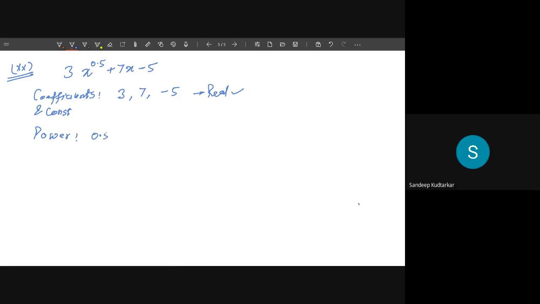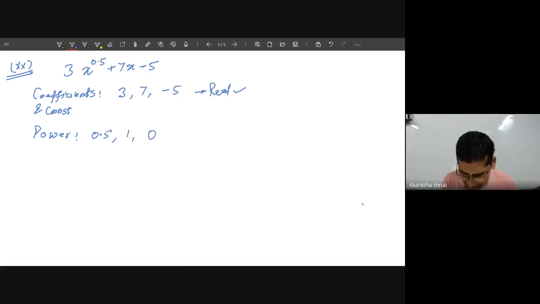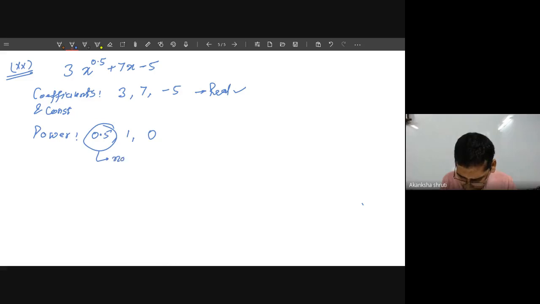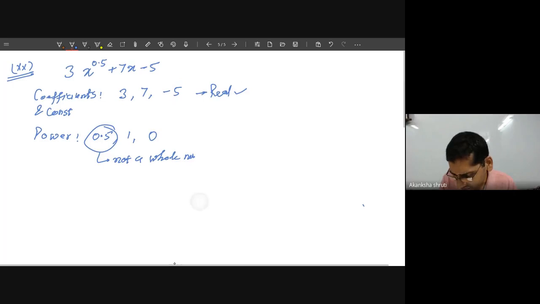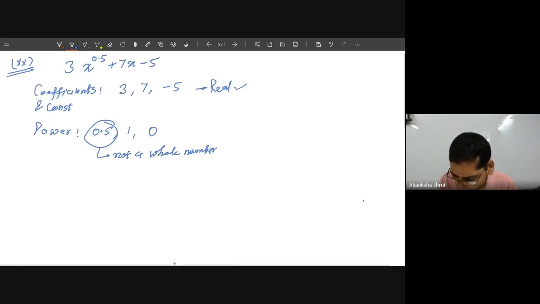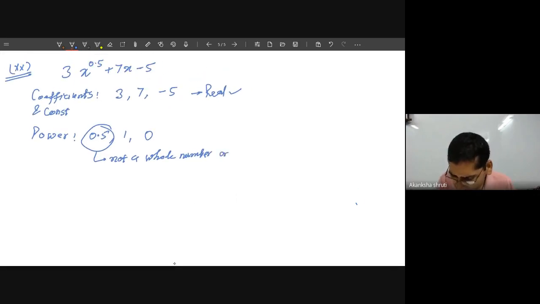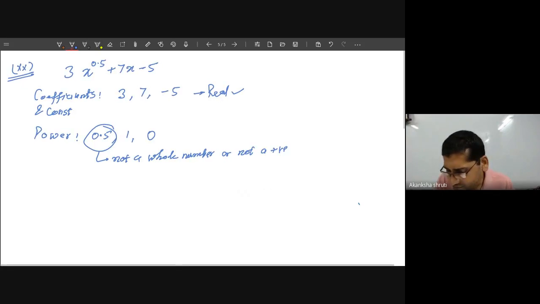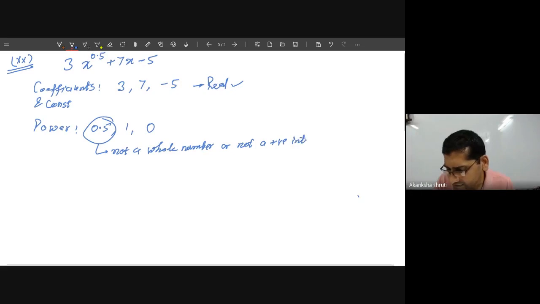One is 0.5, another is 1, another is 0. Yeah, students, what is this? Very interesting. Whether it is a whole number, student, is 0.5 a whole number? No. Very good. So it is not a whole number, or not a positive integer.